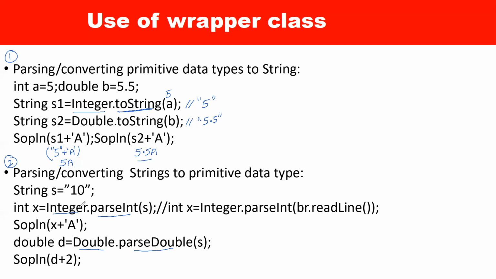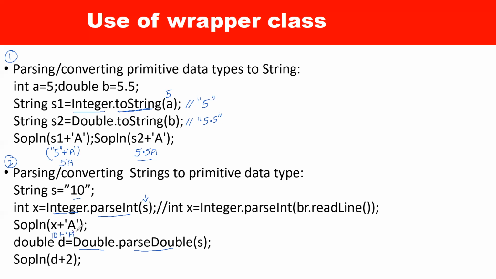Let's come to the second one. Here, the parseInt method converts an accepted string into an integer. So your x value will become 10, the integer 10. It was a string because it is within double quotes. So the parseInt function converts a string to an integer. So 10 plus a.